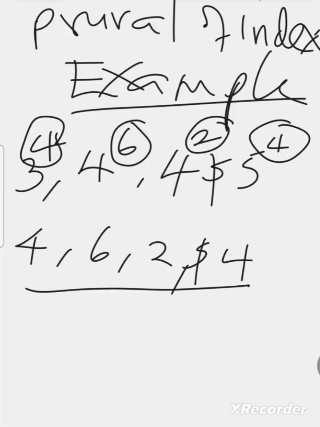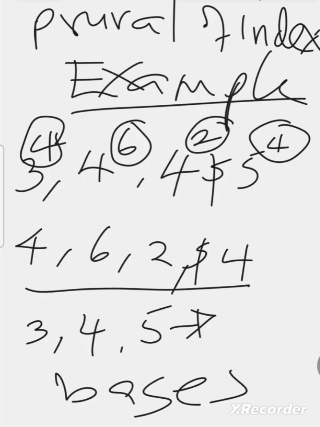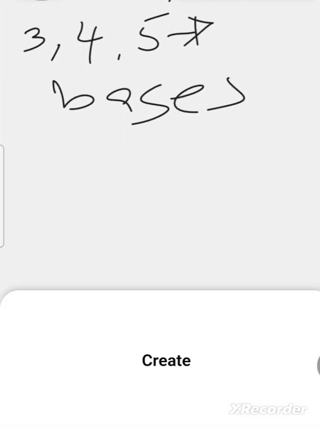But we have numbers like 3, 4, then we have 5, which are below the indices. So these numbers are referred to as bases. The number below is a base, and the number above is our index.